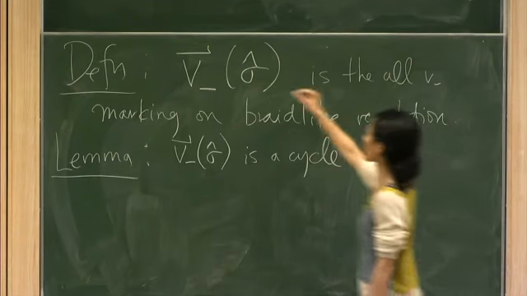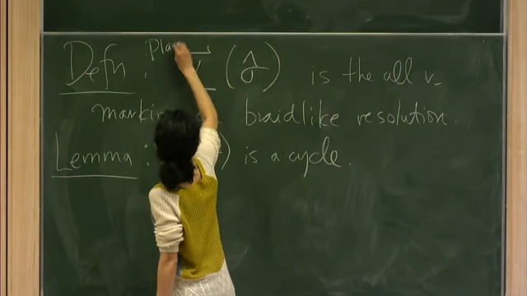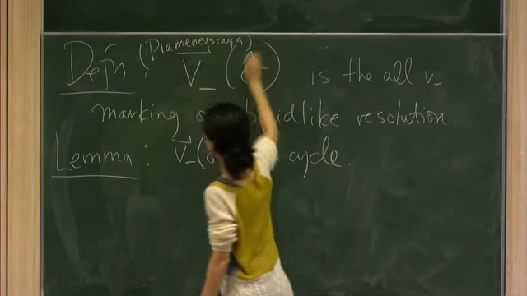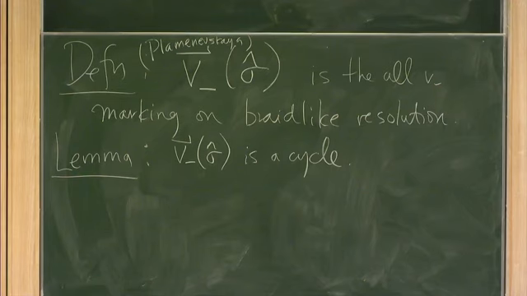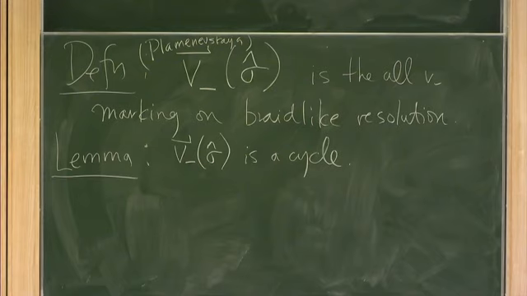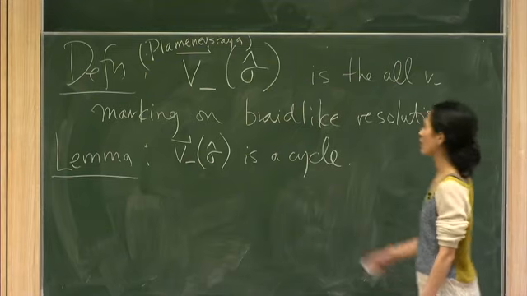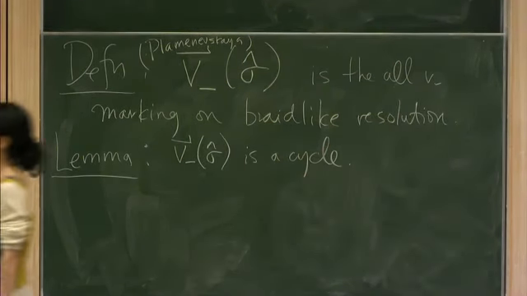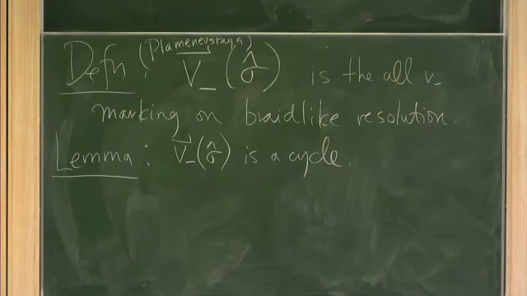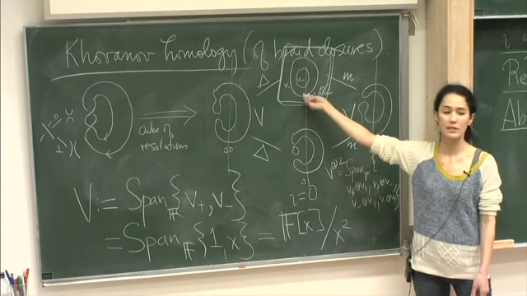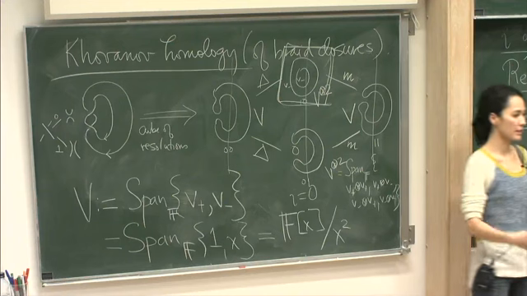Okay. So yeah, by the way, this is Plamenevskaya. And everything that I'm saying about her invariant, she proved. Okay, so this particular class is a cycle. So the key point here that will be involved in proving that is to realize that all of the edges exiting this particular vertex will have to be a split.